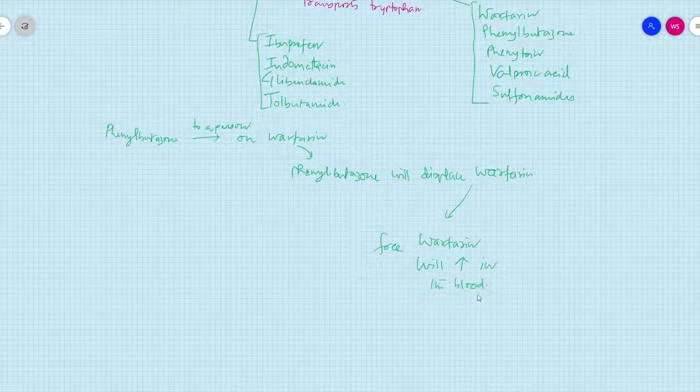Okay, we mean the plasma. So the free warfarin will increase in the blood, and what will happen? We said the free drug is pharmacologically active. Now there will be a greater concentration of the active form of the drug. As a result, there can be spontaneous bleeding.